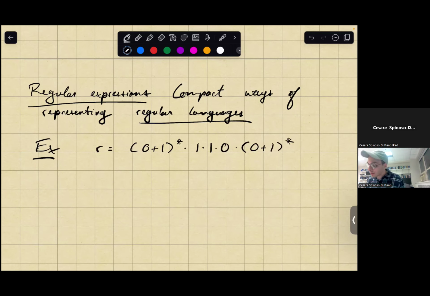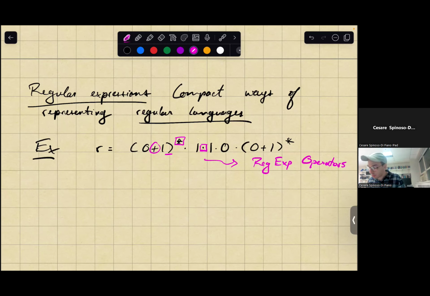So all of these things, this plus, this parenthesis, this Kleene star here, this concat symbol, all of these things are part of regular expression operators. So these are regex operators. And a regular expression is built up by using atomic regular expressions.